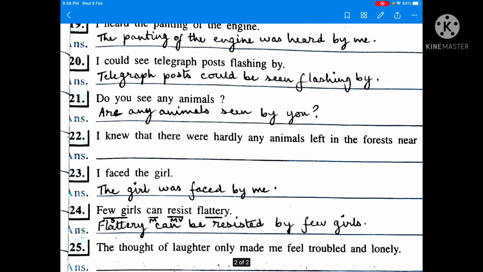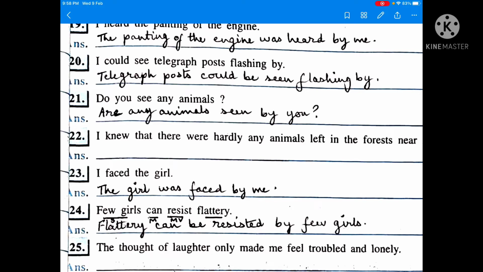I, subject, could see, verb, telegraph posts, object, flashing by, extra. Telegraph posts could be seen flashing by. The object is changed into the subject in the passive voice.